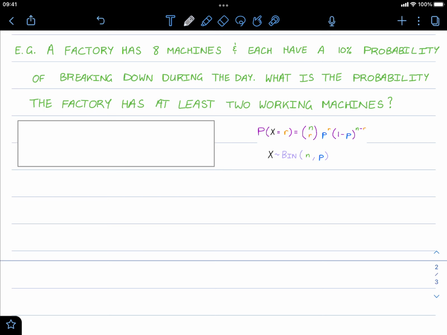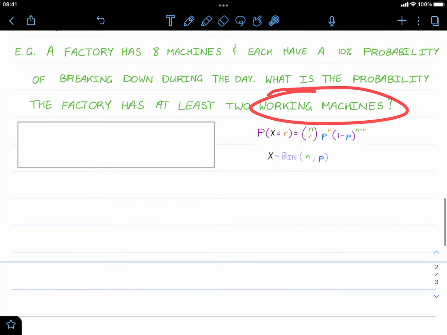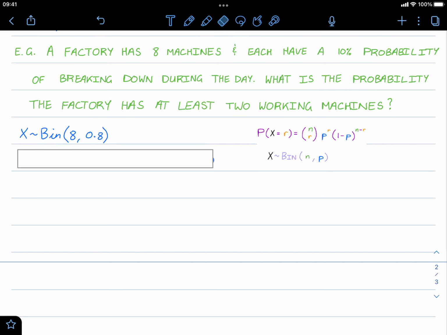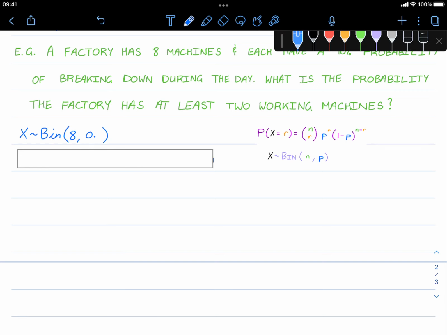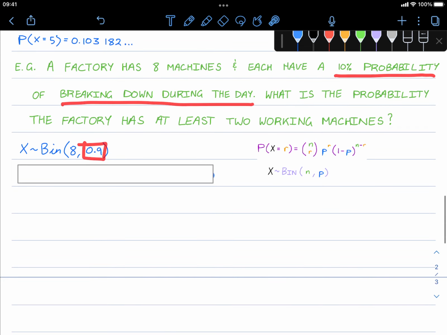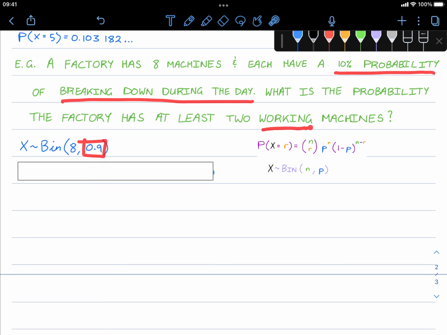If we were to apply this in the regular way, where we're looking for working machines, we would think of the binomial distribution, with a probability which I realized should have been 0.9. We have 8 machines, so that's 8 repetitions. If there's a 10% probability of breaking down, that means there's a 90% probability of working.